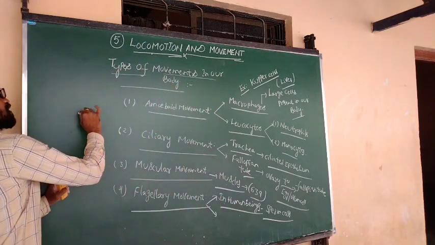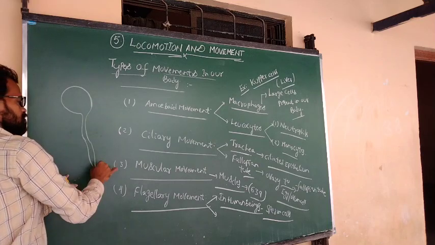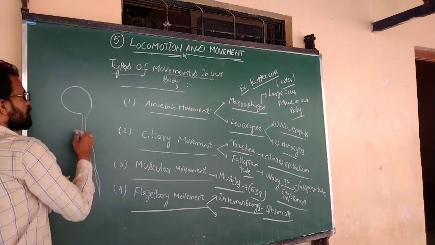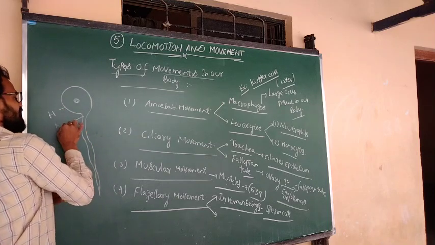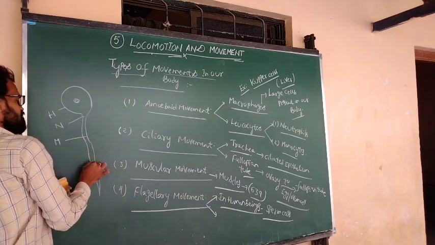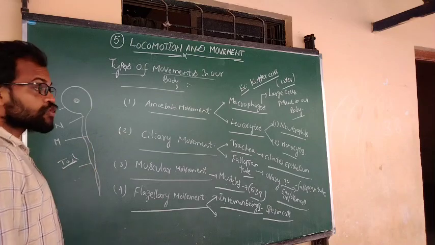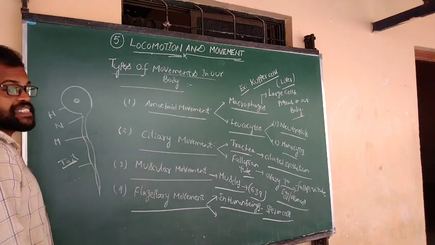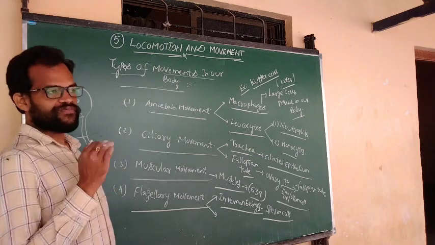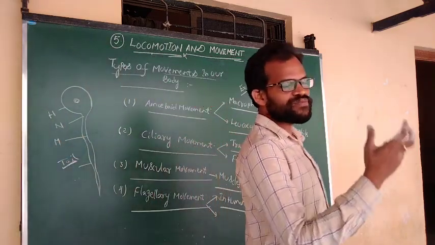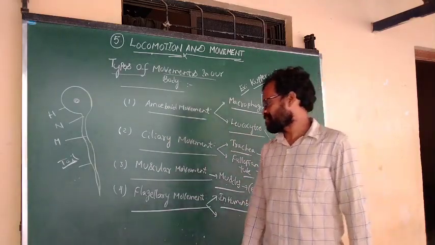If you observe the sperm cell, there is a head, neck, middle piece and tail. The tail exhibits flagellary movement, which is helpful for locomotion. With the help of flagella, they can reach inside the female genital tract.